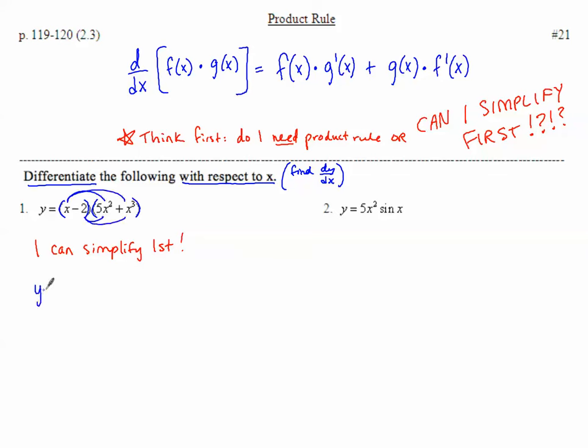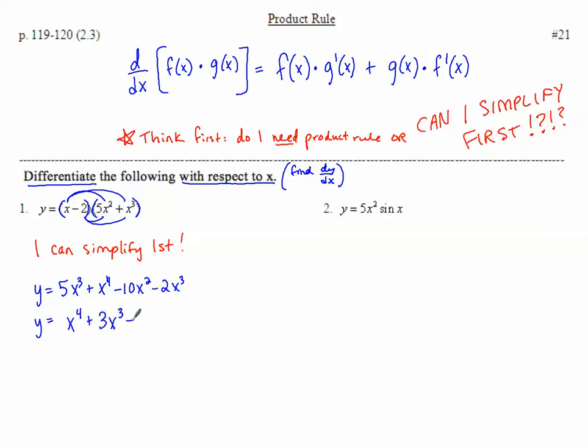So that's going to make y 5x cubed plus x to the fourth minus 10x squared minus 2x cubed. Combine like terms, and y still equals x to the fourth plus 3x cubed.